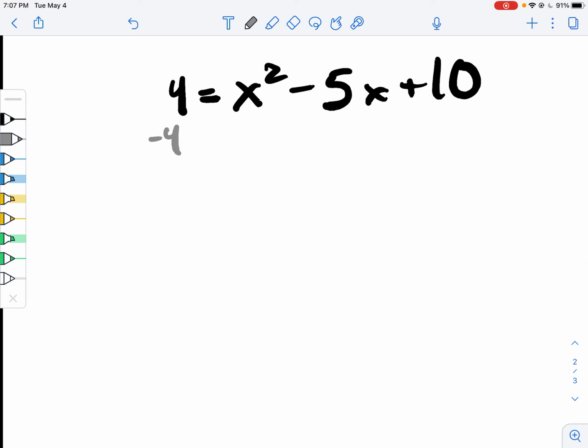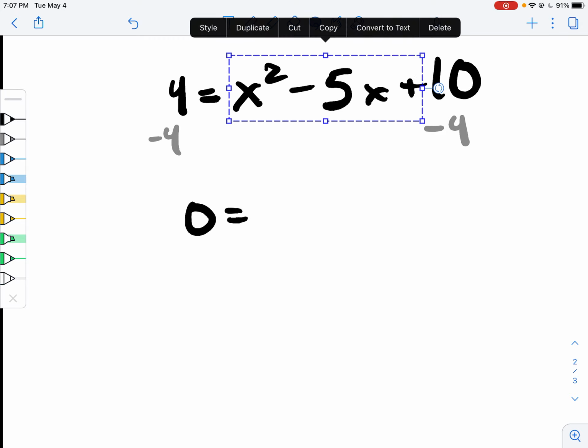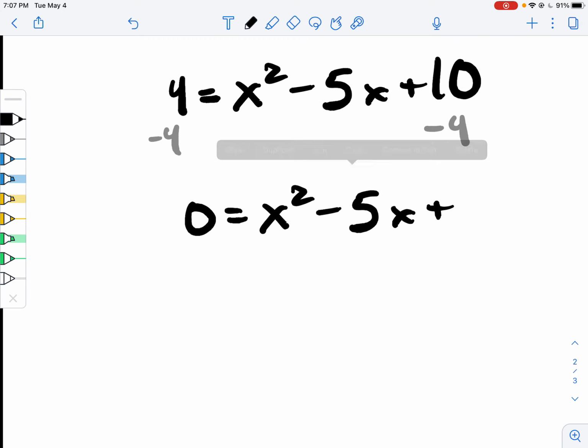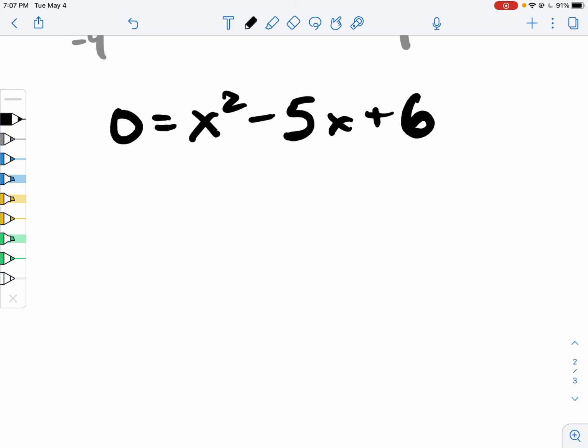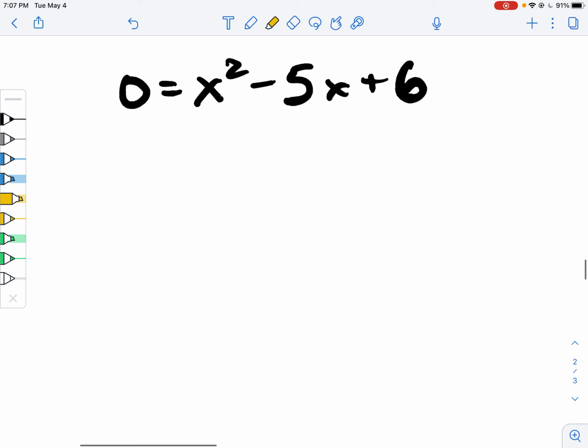So I'm going to subtract 4 from both sides. That'll give me 0 equals x squared minus 5x plus 6. I know how to solve that. I'm going to factor it, and I'm going to look for two numbers that add to negative 5 and multiply to 6.